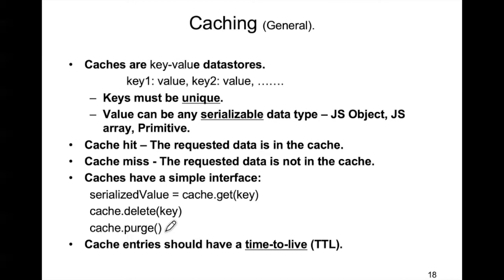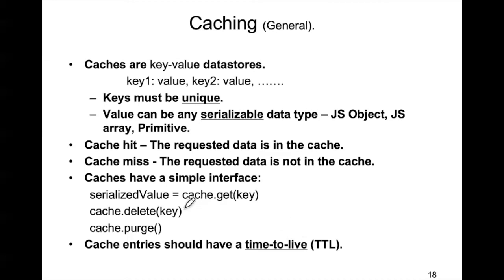Also, in general, the entries that go into a cache should have what's called a time to live attribute associated with them. The time to live attribute determines how long the item should reside within the cache. If an entry within the cache's data store has its time to live value expire, the cache will actually remove the item itself.